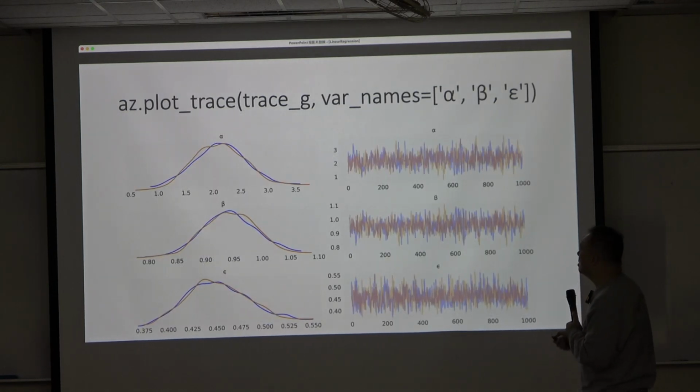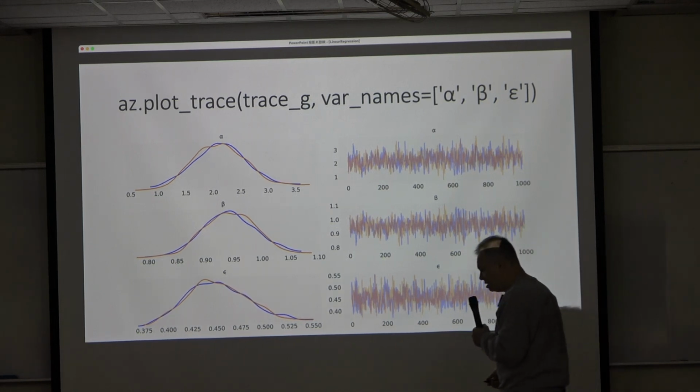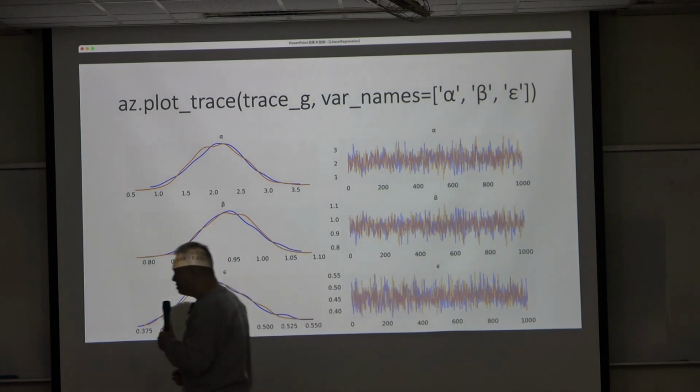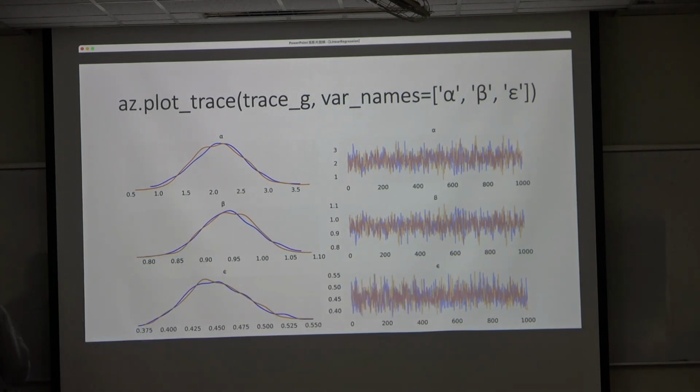So this is the result. You have your alpha, your beta, and your epsilon. But of course, it's difficult to observe much from the posterior like this.